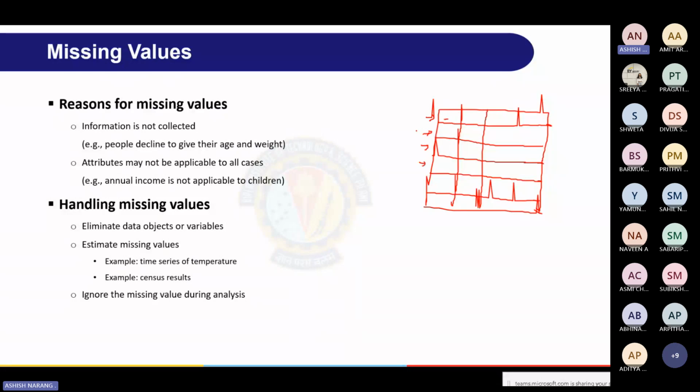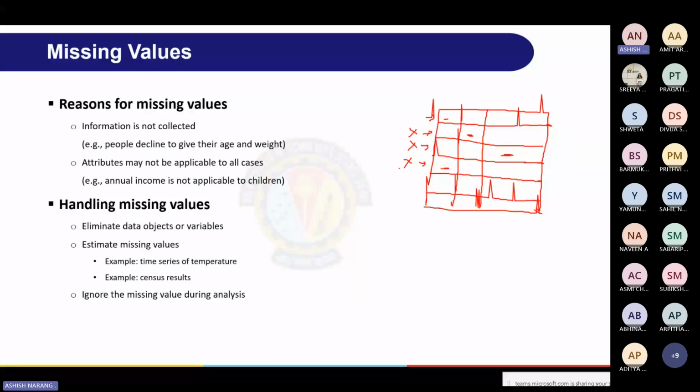Now, for this record, there is a missing value here. For this record, there is a missing value here. For this record, there is a missing value here. So what they say is you can delete all these, eliminate those records completely, which have one or the other missing values.